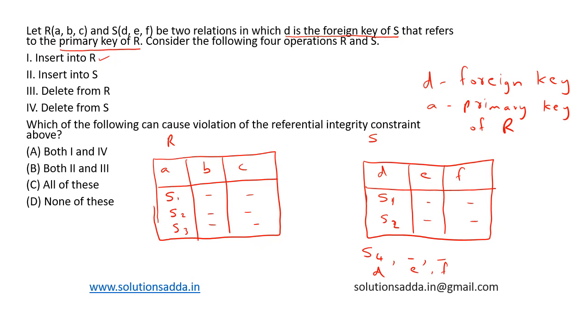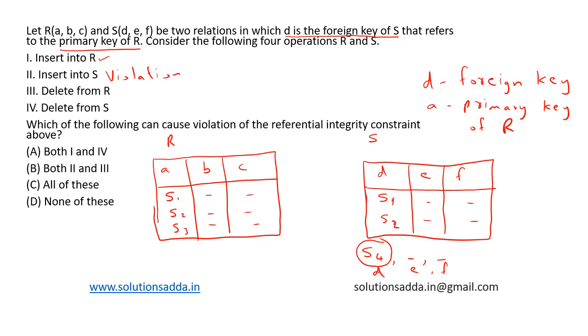Since D is referring to A, if a new value is inserted in the table S, then it is necessary that this value should be available in the table R. But if we insert into S, we cannot guarantee that. So this is a referential integrity constraint violation.